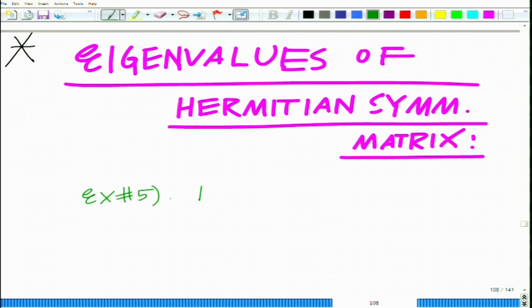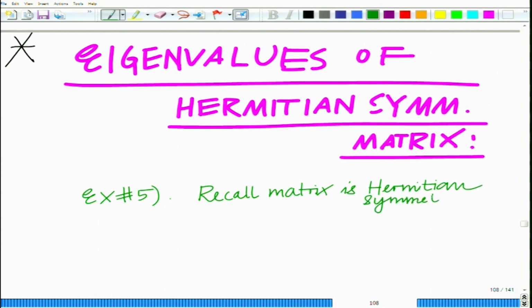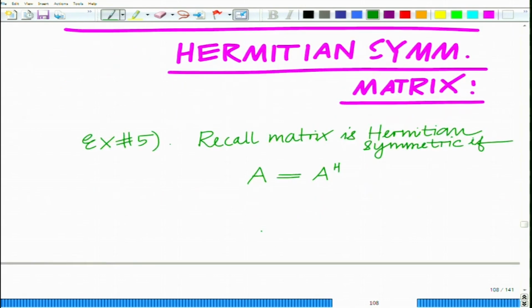So, recall, a matrix is Hermitian symmetric if A equals A Hermitian. Okay. So, for any m cross n matrix, remember this is for a complex m cross n matrix.